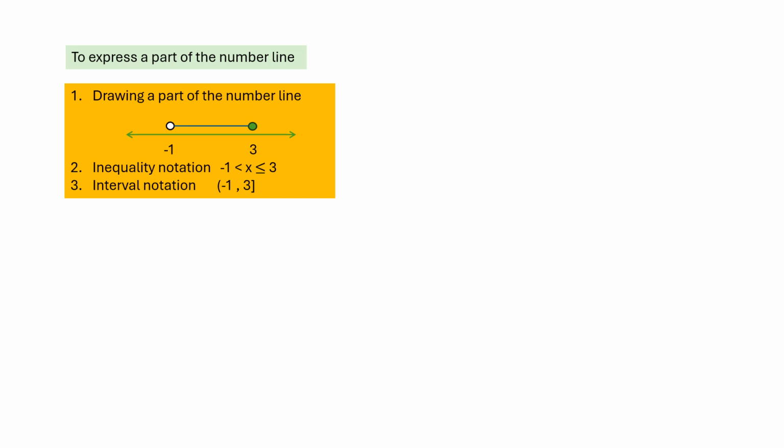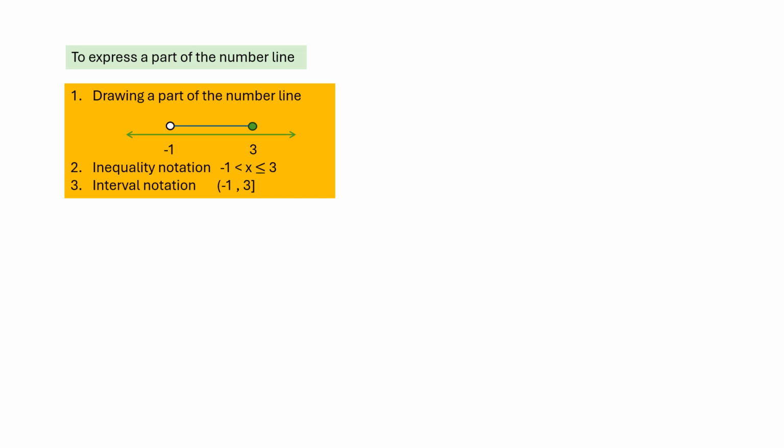Look at the circle above -1. This is called open, because it is an empty circle. But at 3, the circle is closed because it is bold. So -1 is exclusive, but 3 is inclusive of the solution.